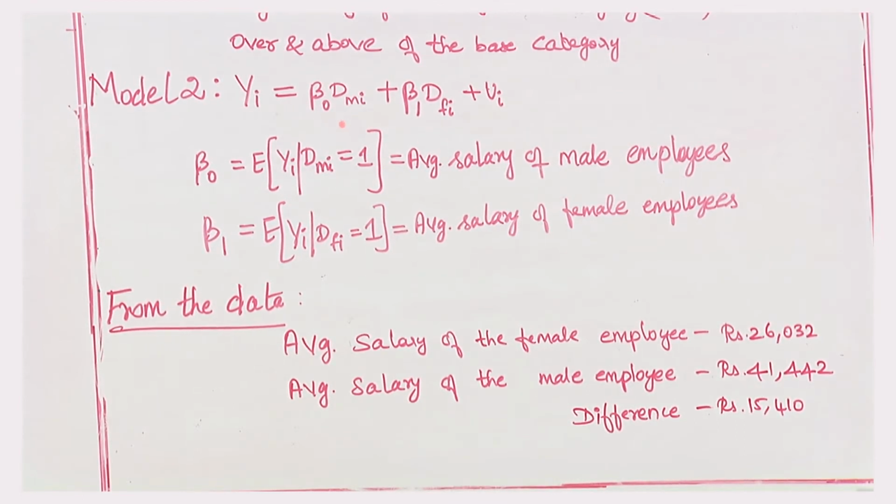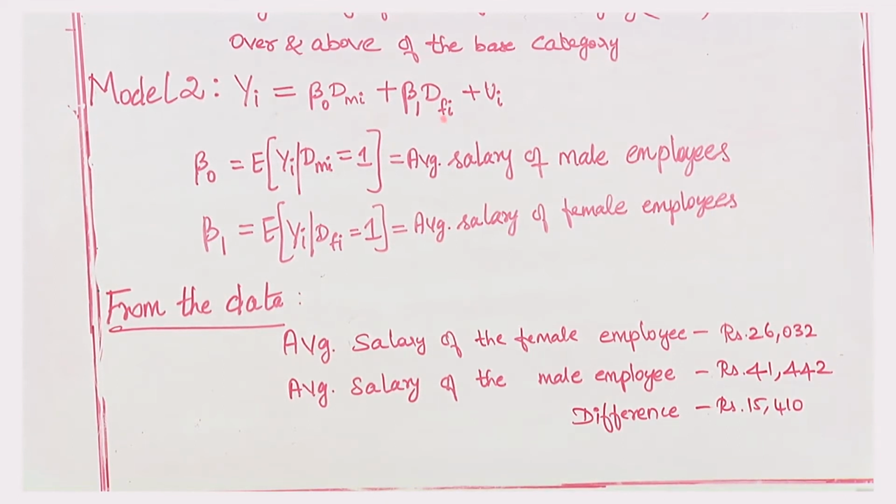Model 2, again this model will also avoid the problem of dummy variable trap. Here we have included the two dummies in the gender variable, DMi and DFi, but we have dropped the intercept term. So, let us know by this yi is equal to beta 0 DMi plus beta 1 DFi plus ui.